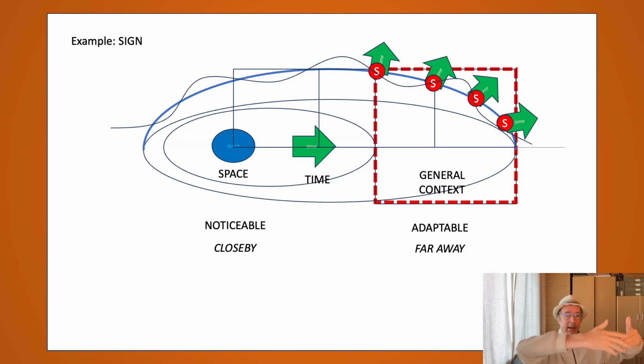So the S is the whole range at the border of where the S can be. The S reference is there, and it's evolving in time also. It's evolving in space. It's beyond that. It's in that range of scope.